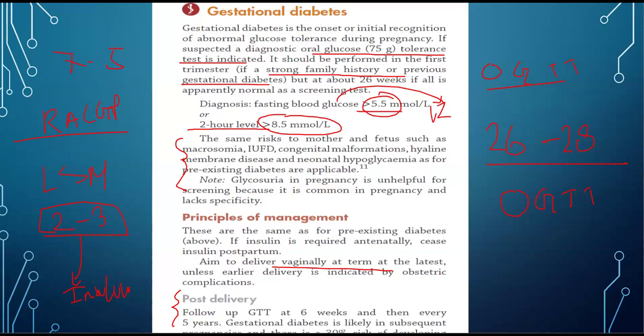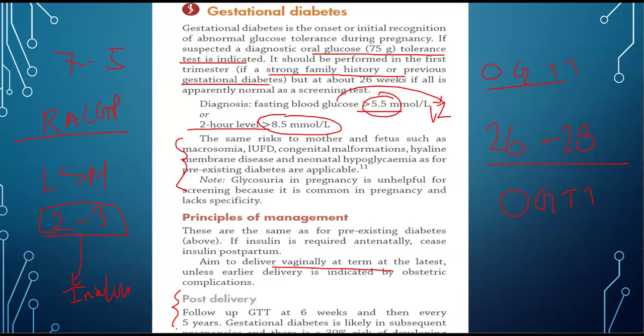That has been changed by RACGP. So I want you to go to the RACGP guideline and have a look at this follow-up. They say you don't need to do an OGTT; you just need to do a fasting blood sugar or an HbA1c. So go through the RACGP guideline for this.